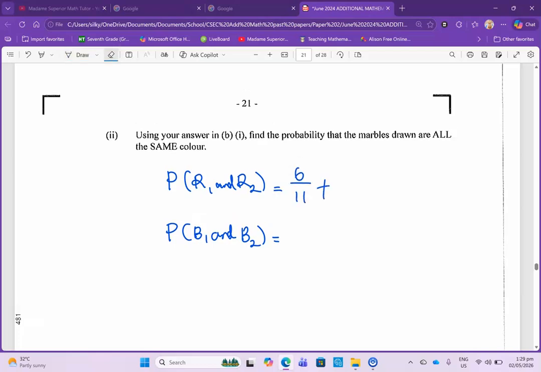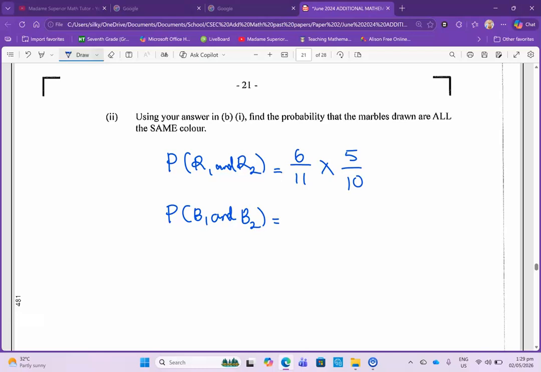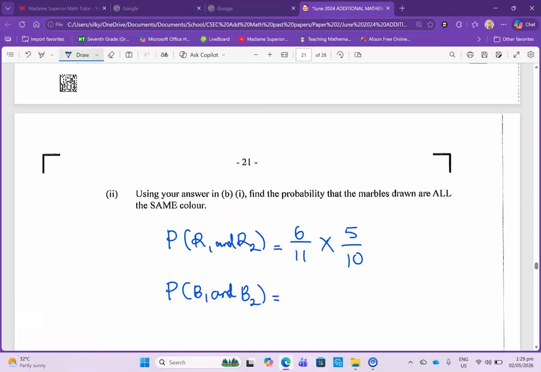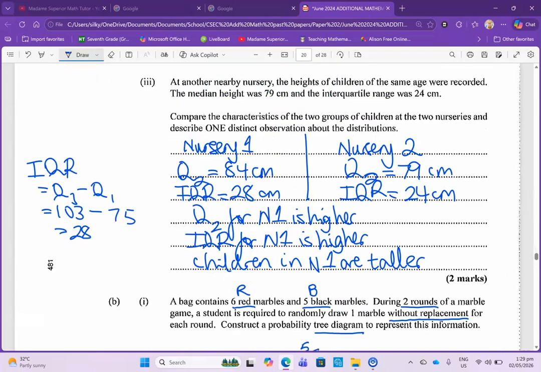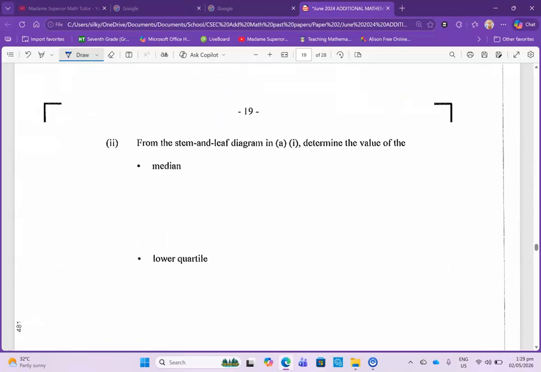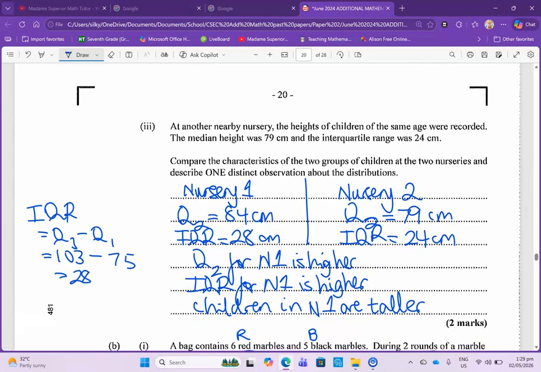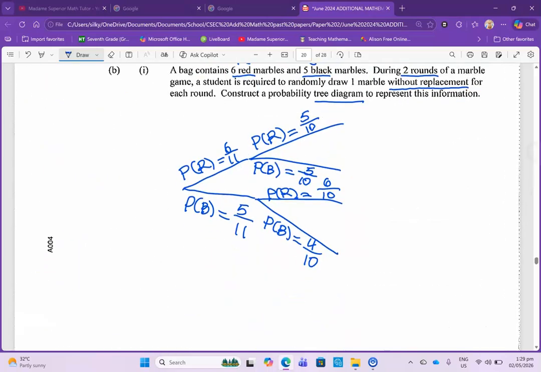Sorry, we're multiplying the probabilities across the branches. Okay, and the probability of picking 2 black marbles, oh, my bad, sorry about that. I moved up too quickly in the document. Okay, so the probability of picking 2 black marbles would be these 2 branches here. So that would be 5 elevenths by 4 tenths.